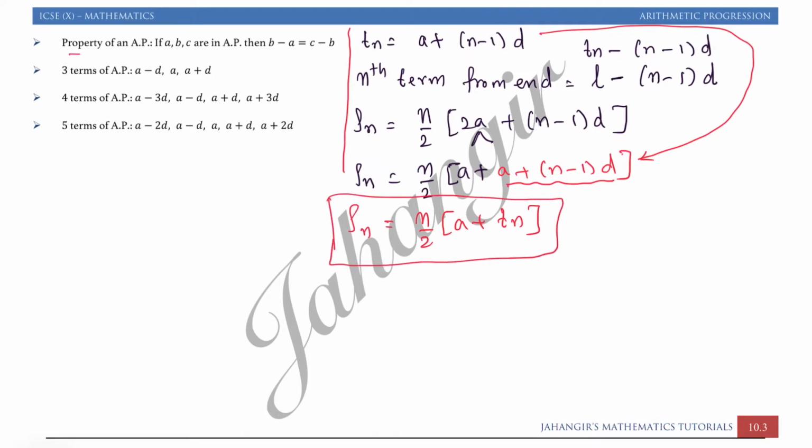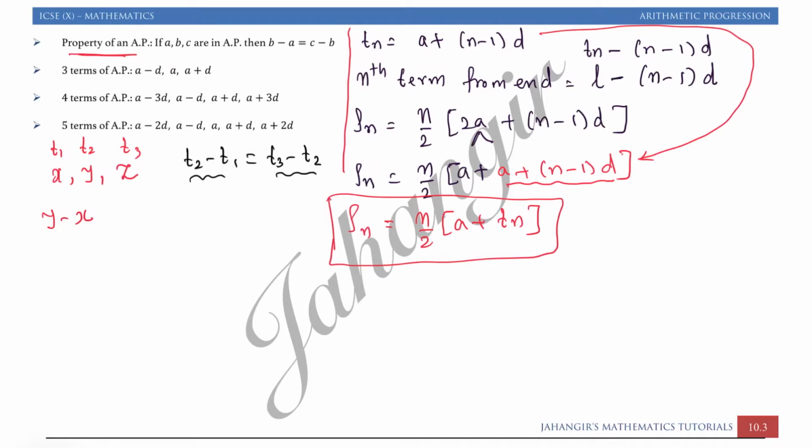Now properties of AP. When three numbers are in AP, just like x, y, z, this is t1, t2, t3. So what I told, in AP, T2 minus T1 is always equal to T3 minus T2 because the difference between consecutive terms is the same.